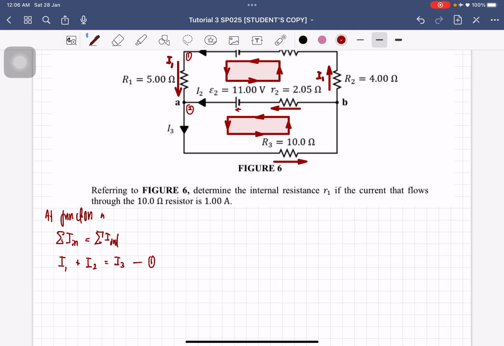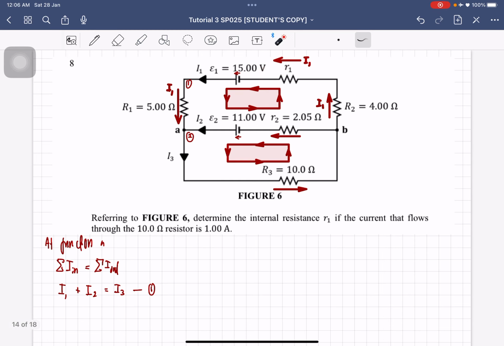And then I forgot to read the question. We have to determine the internal resistance R1, which is this one here, if the current that flows through the 10 ohm resistor, which is this one here, is 1 ampere. So we have been given the value of I3, which is equal to 1 ampere.